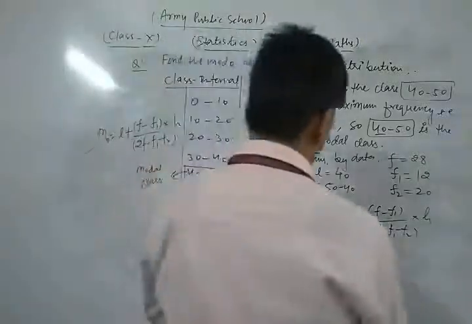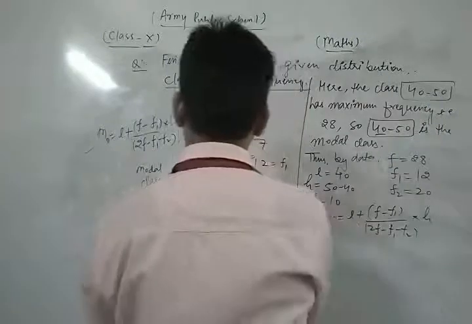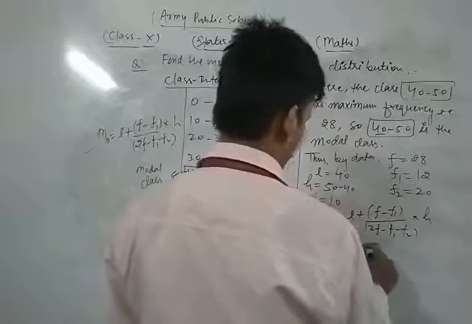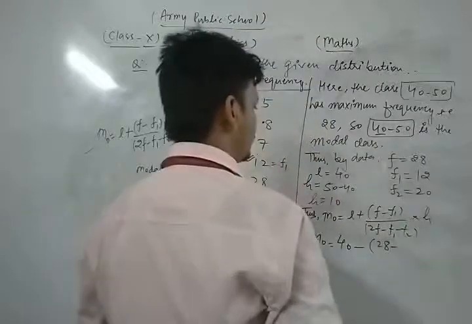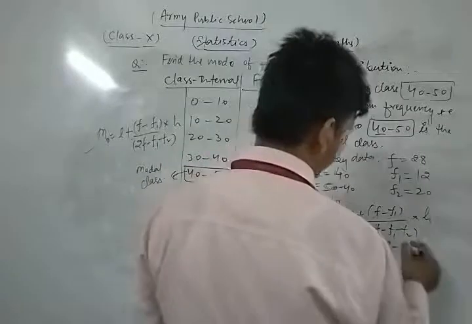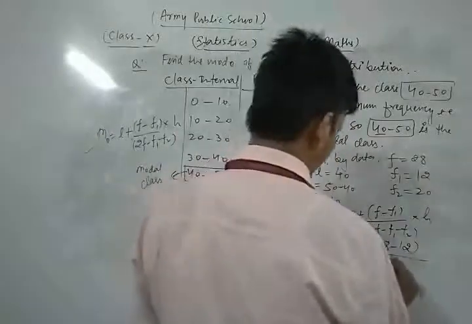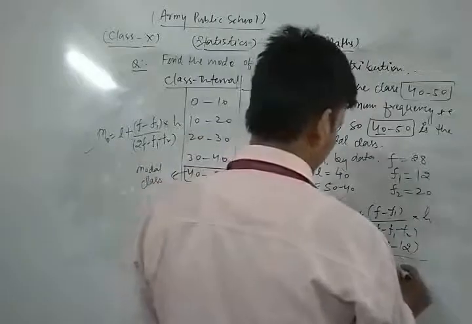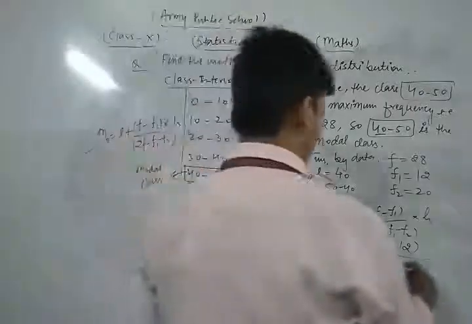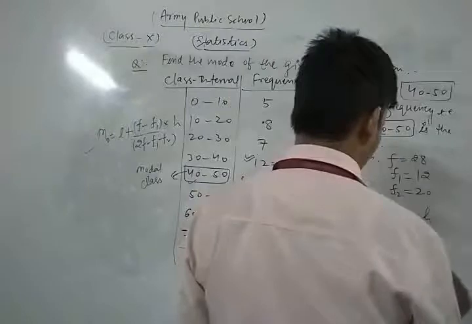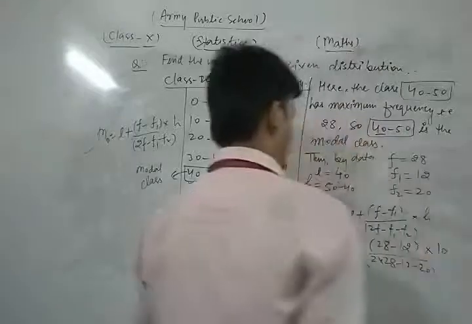So we get mode is L, which is 40, plus f, which is 28, minus f1, which is 12, divided by 2f, which is 2 times 28, minus f1, which is 12, minus f2, which is 20, into h, which is 10.